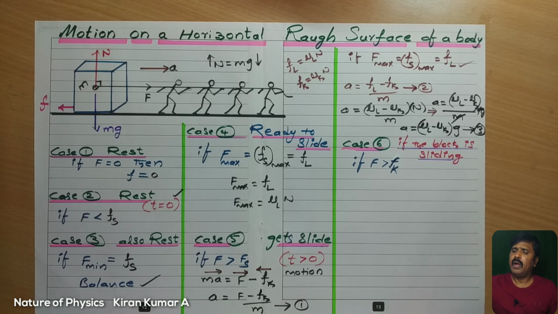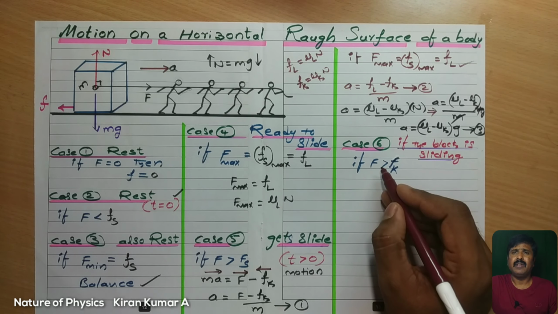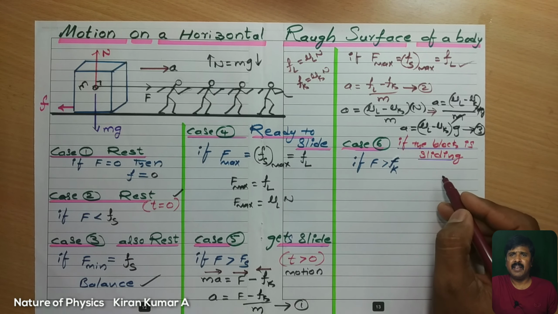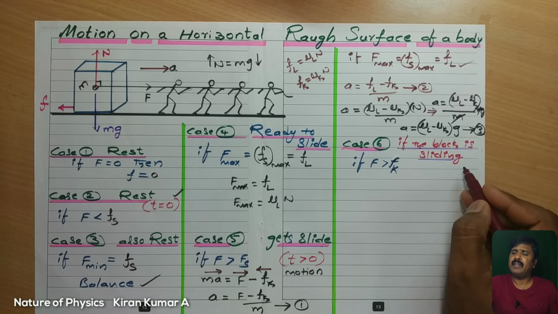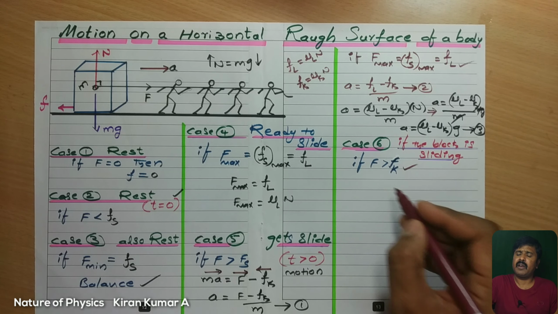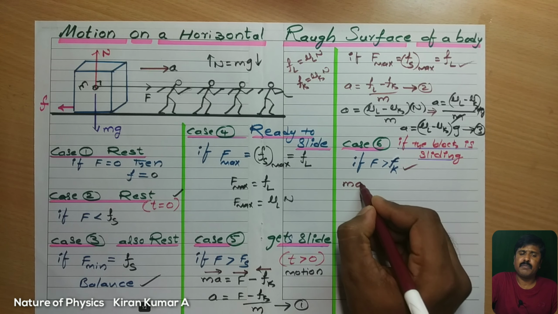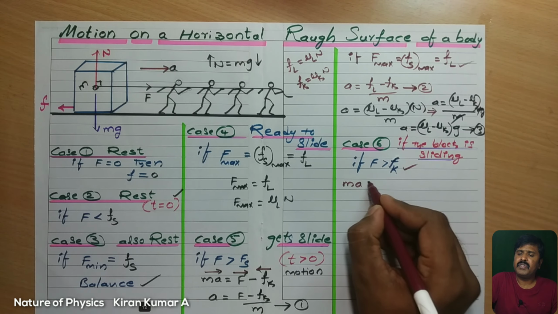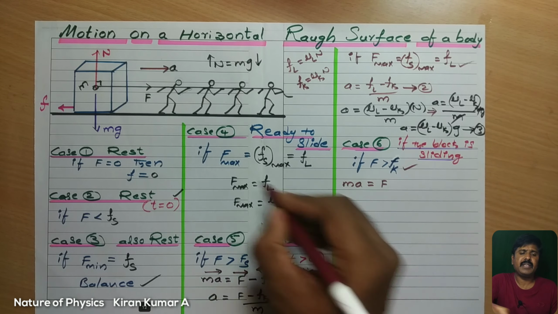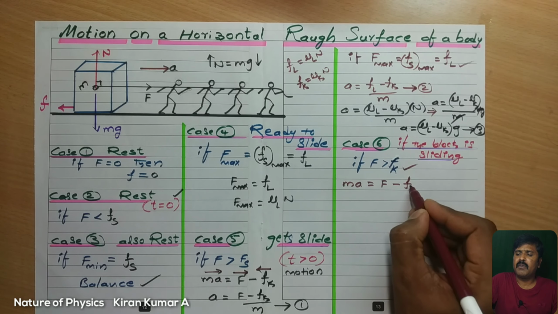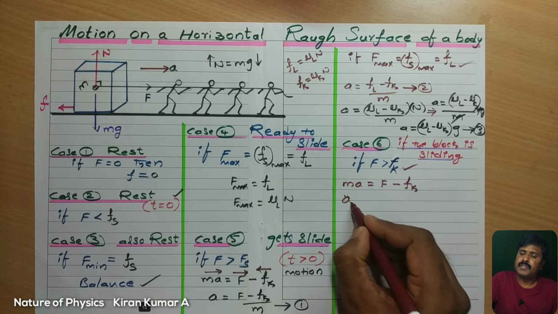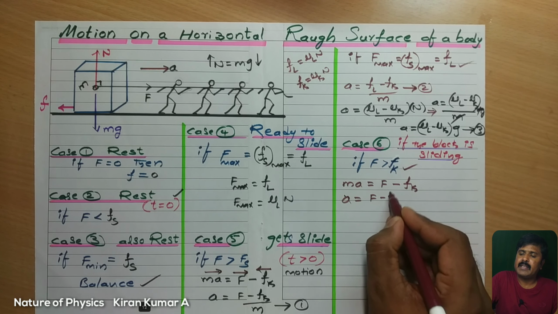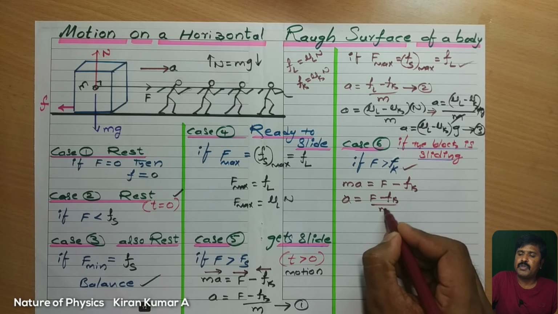Okay, now this is the arrow mark. Continuing next, in case 6, the body is in motion, that is, if the block is sliding, student, in the sliding we are getting kinetic friction, student. And also here the resultant force: mass m is moving with an acceleration, which is equal to the resultant force F, and away from the resultant force is kinetic friction, student. So a is equal to F minus Fk divided by m, student.